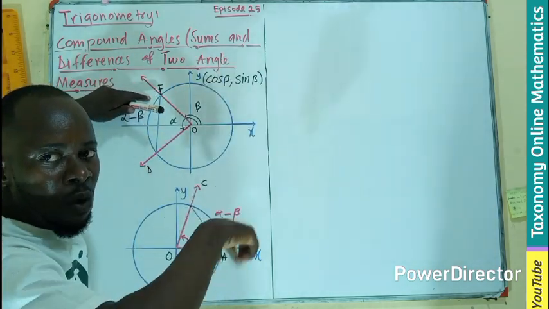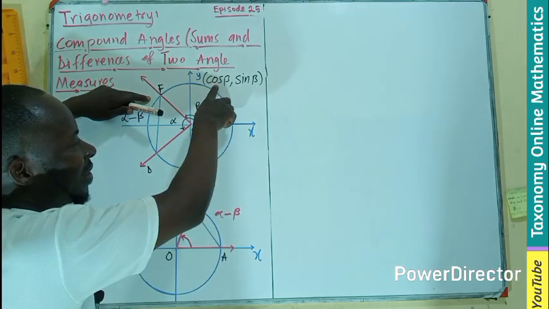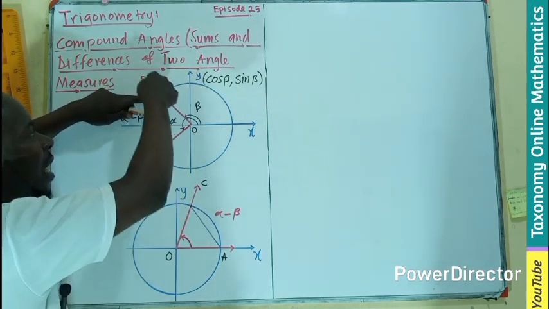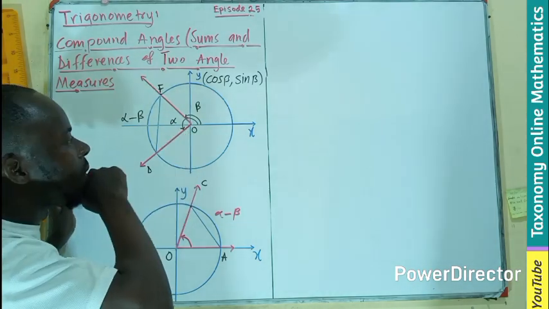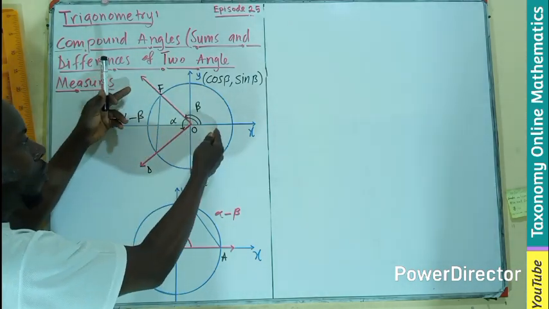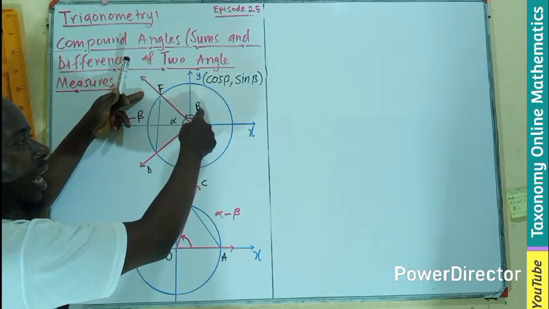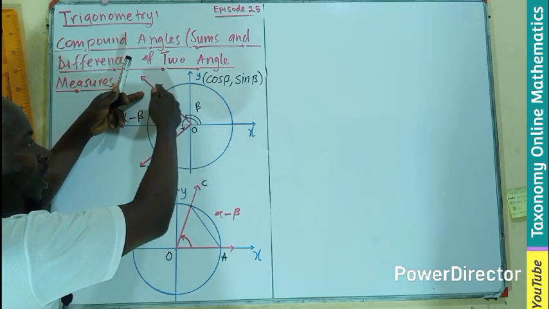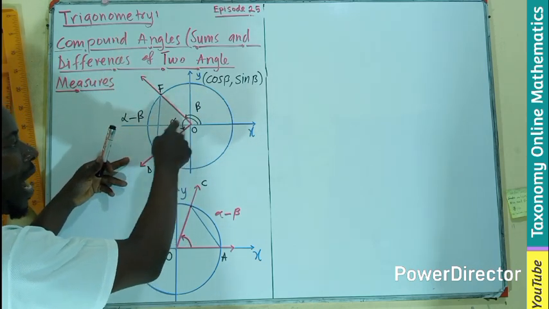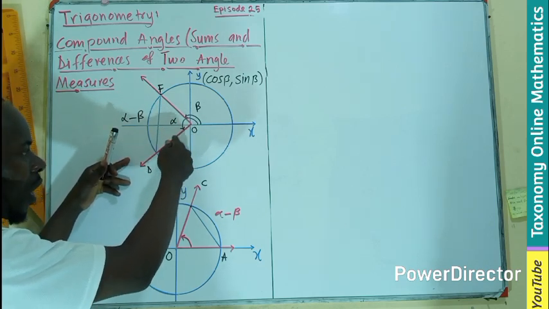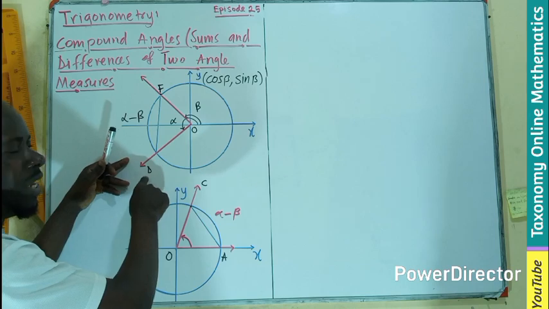The x, comma, y. But what is the x? The x is the cos of the angle that we are having, the terminal line. All right. Then when I move from here all the way to F, I am forming the angle beta. But when I move from here all the way to D, I'm forming the angle alpha. So our terminal line becomes OD.